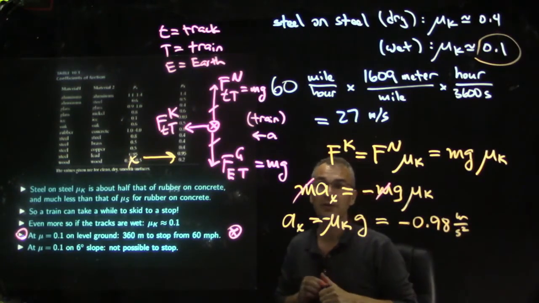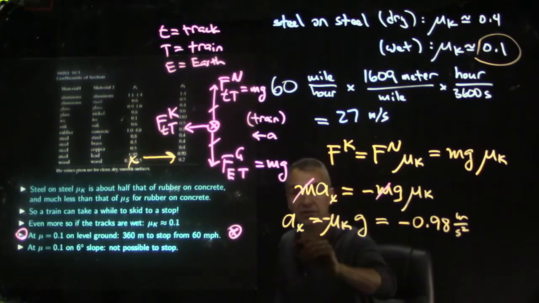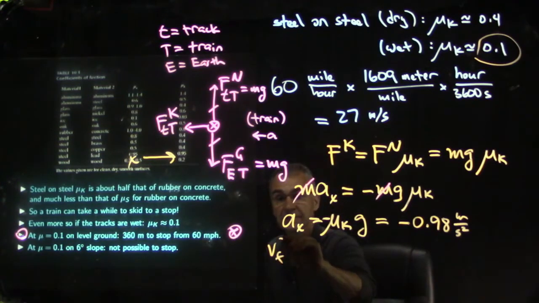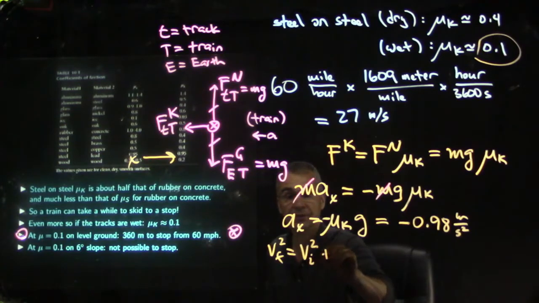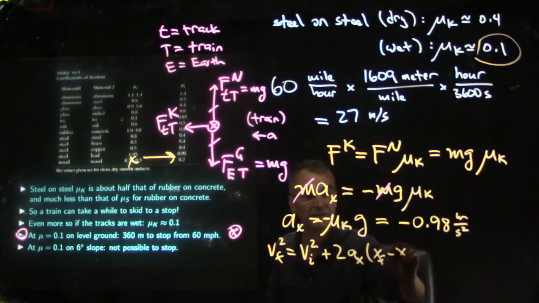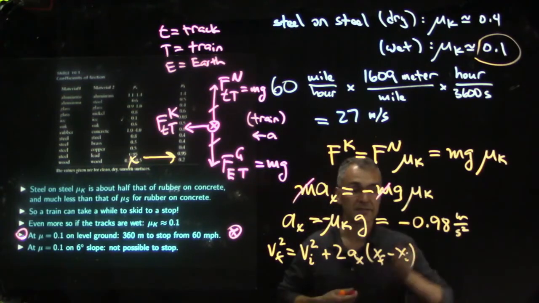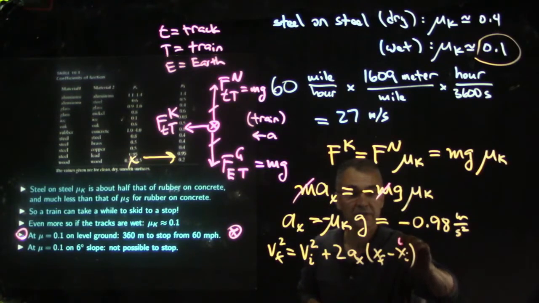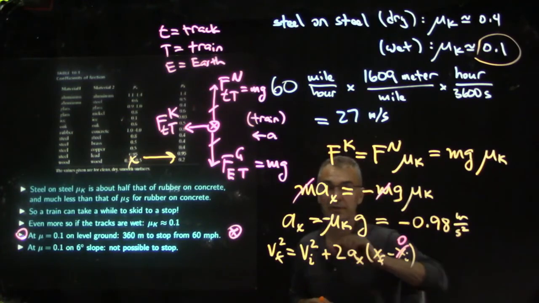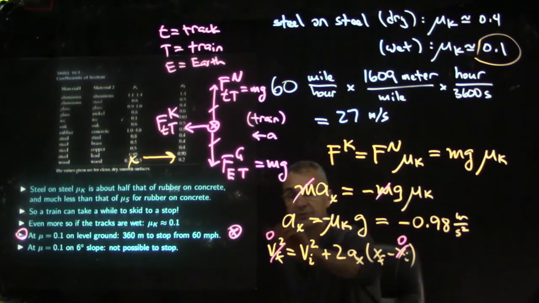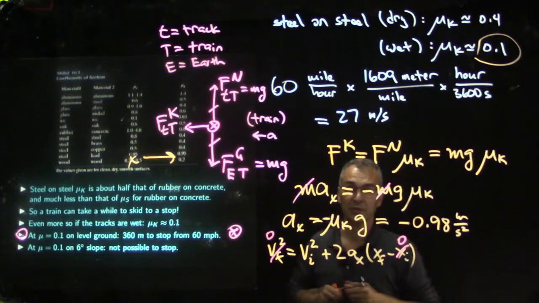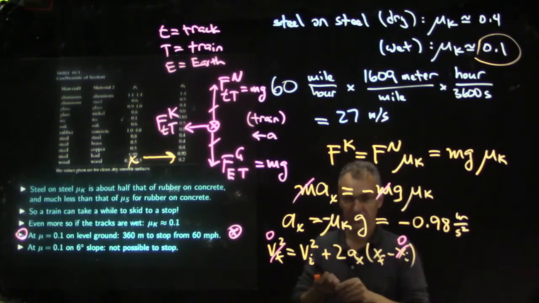Then we can use our favorite constant acceleration equation, v final squared equals v initial squared plus 2a sub x times x final minus x initial. Let's set x initial equal to 0, and v final equal to 0, and we want to know what x final is when it stops.